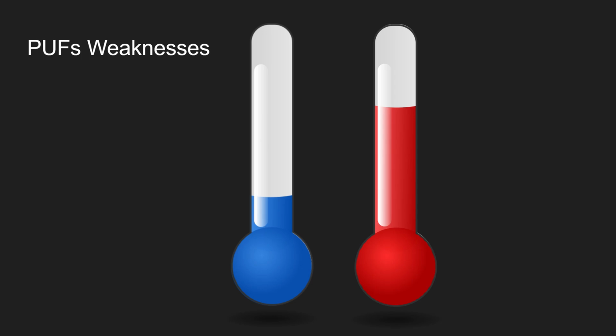Environment. The PUF, because it relies on physical hardware, physical systems, is affected by temperature. It's affected by the environment. If someone is in the Sahara Desert and someone is in the Arctic, even if they have the same PUF, because of laws of physics, one might have a 1 bit in a certain position while another has a 0 bit, even though they're the same device.